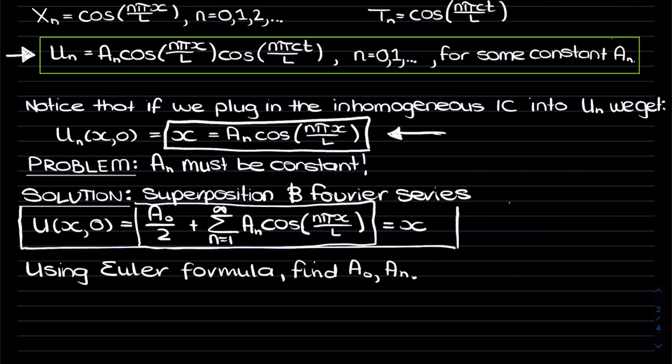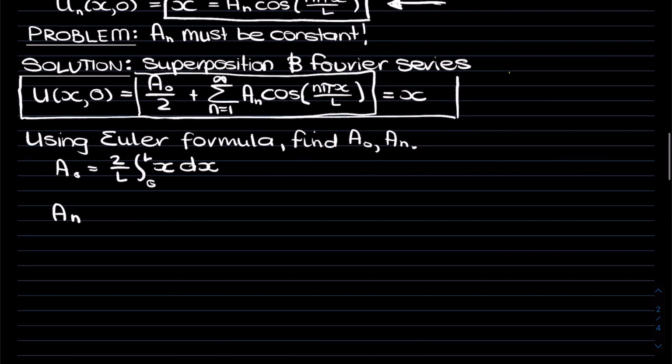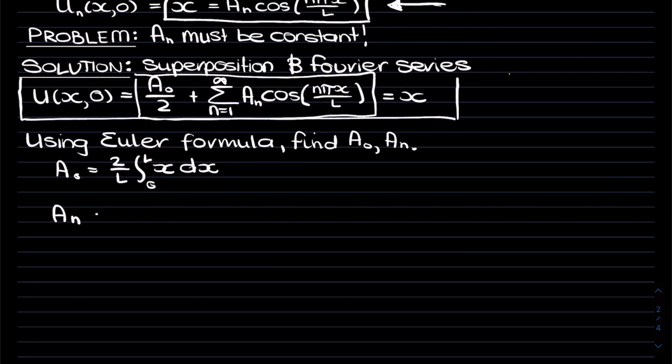So a naught equals 2 over L, integral 0 to L in this case, x dx, and our a of n will just equal 2 over L, integral 0 to L, x cosine n pi x over L dx.